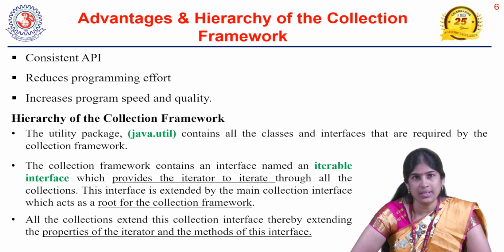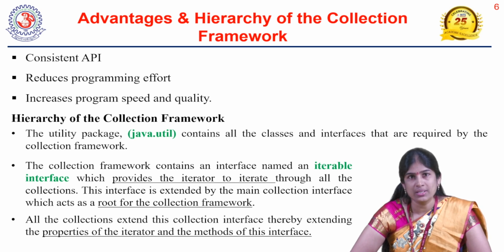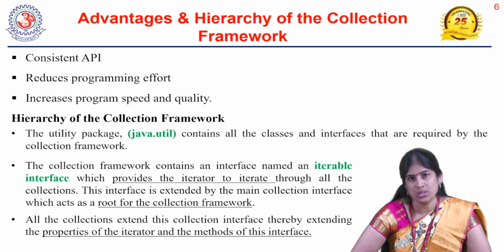Coming to the hierarchy of the collection framework, in Java, most of the topics have a hierarchy of classes. In the next slide we will see the hierarchy of the collection framework. But the util package consists of all these predefined classes and interfaces that are required for the collection framework.